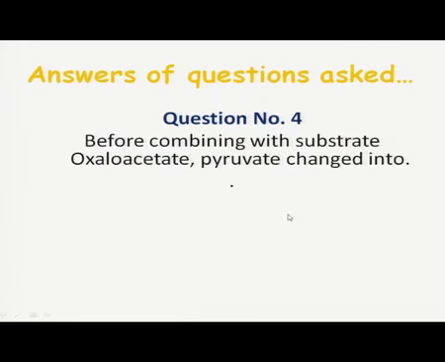Now, the fourth question is, before combining with substrate oxaloacetic acid or oxaloacetate in the Krebs cycle, pyruvate changes into which molecule? Because pyruvate can't enter into the mitochondria from the cytoplasm, first of all pyruvate is changed into which molecule?